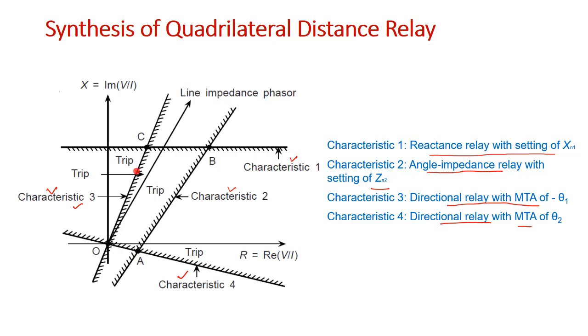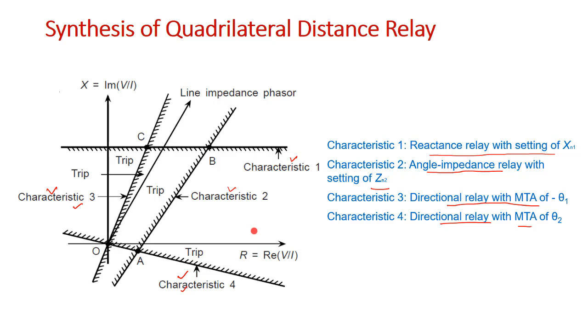So it is not the Moore relay, as I told in the last slide, this is the Moore relay characteristic and 4. Exactly it is not the Moore relay, because the Moore relay does not cover exactly the trip region beyond this. Therefore it is the directional relay, right. So characteristic 3 is the directional relay with MTA of minus theta 1 and characteristic 4 is the directional relay with MTA of theta 2. Okay.